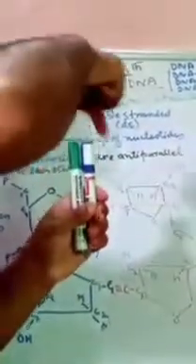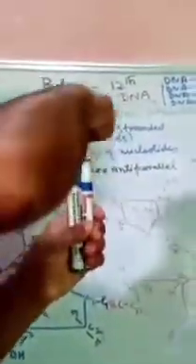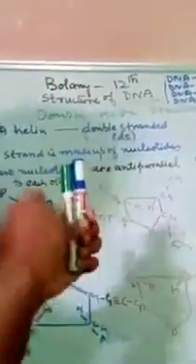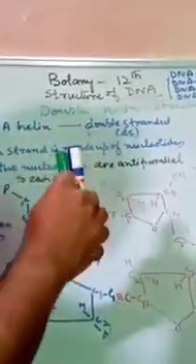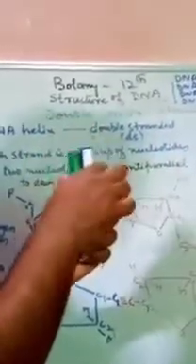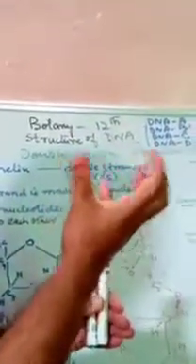It is spinning, and those turnings may be either clockwise or anti-clockwise. When we look from the top of the DNA helix structure, we will see turnings, and they may be either clockwise or anti-clockwise.